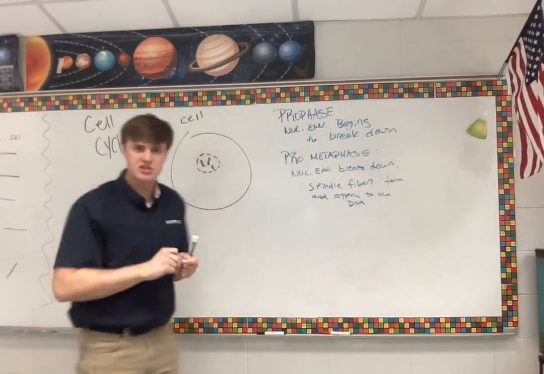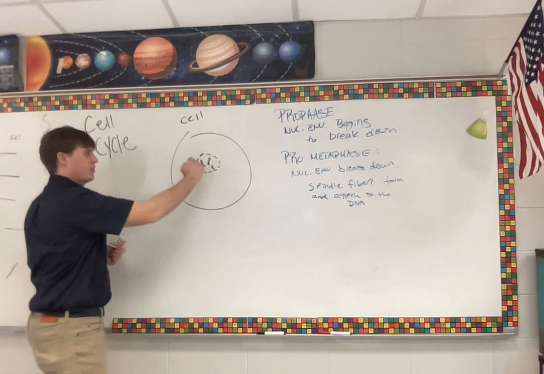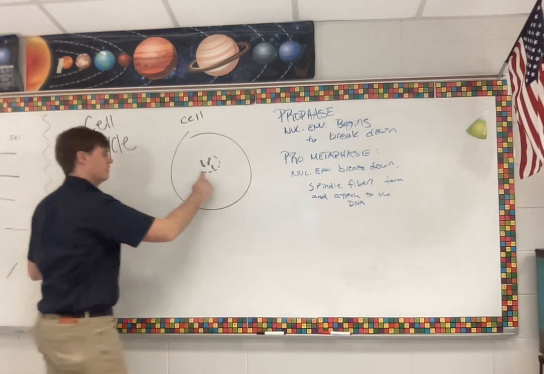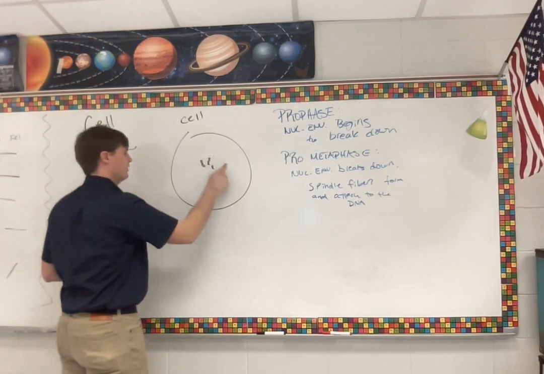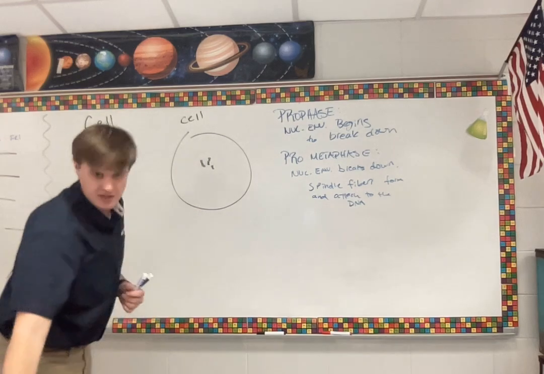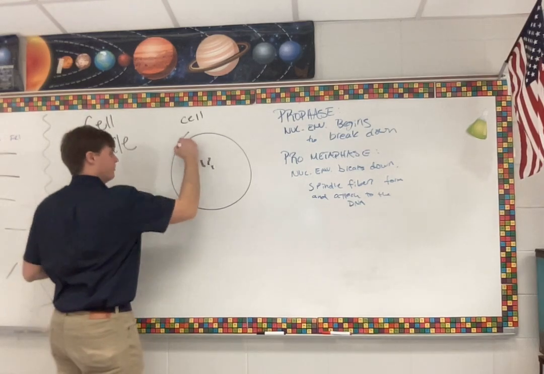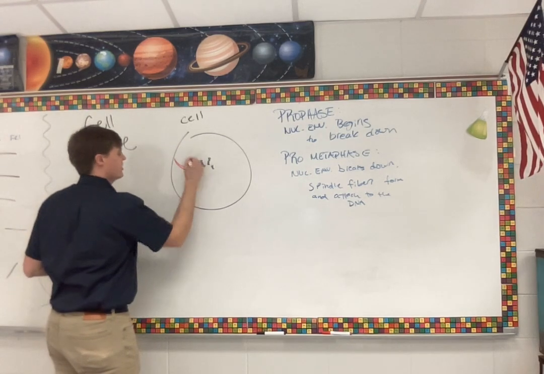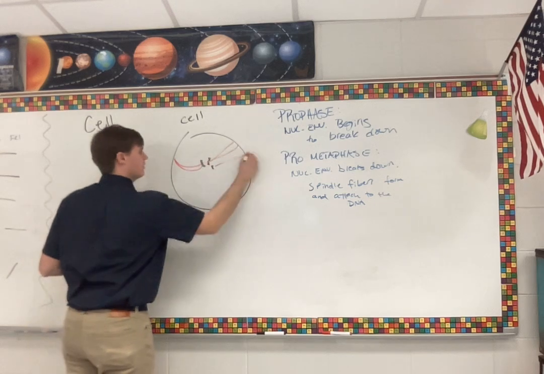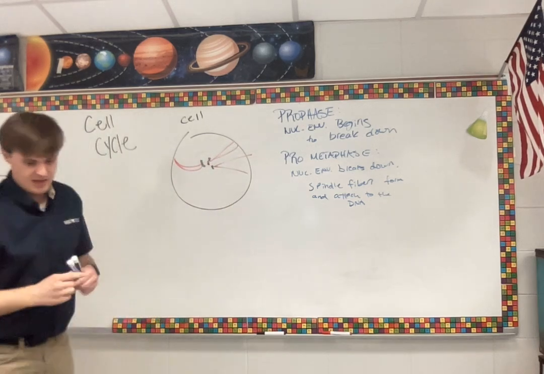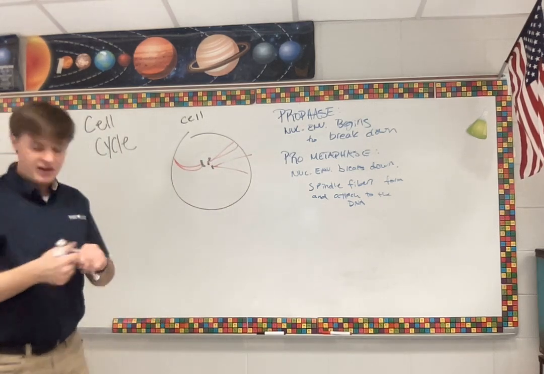Okay, so right here we're in prometaphase. There we go. The envelope's gone. These spindle fibers are formed and attached to the DNA, like that. Then we get to move on to metaphase.